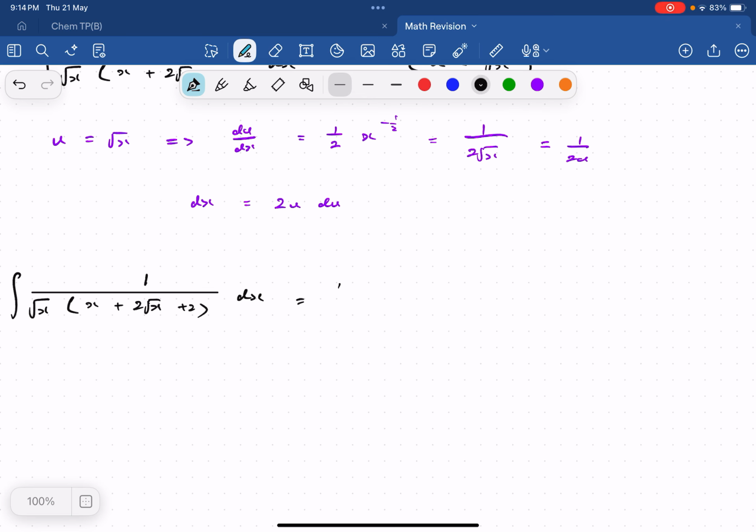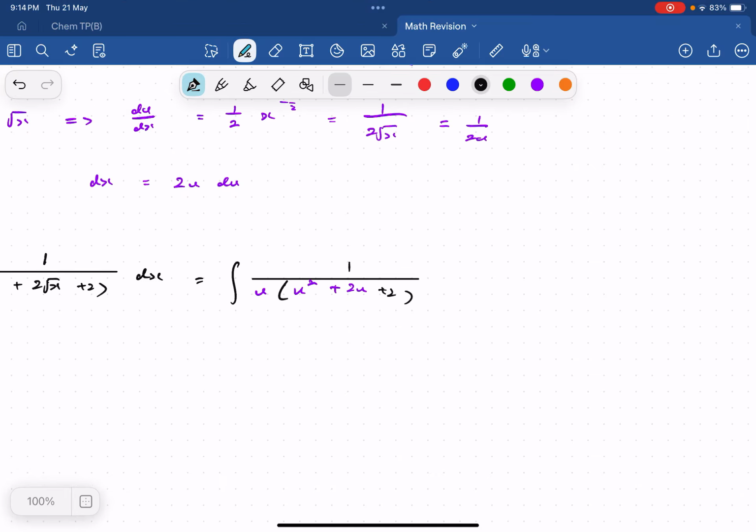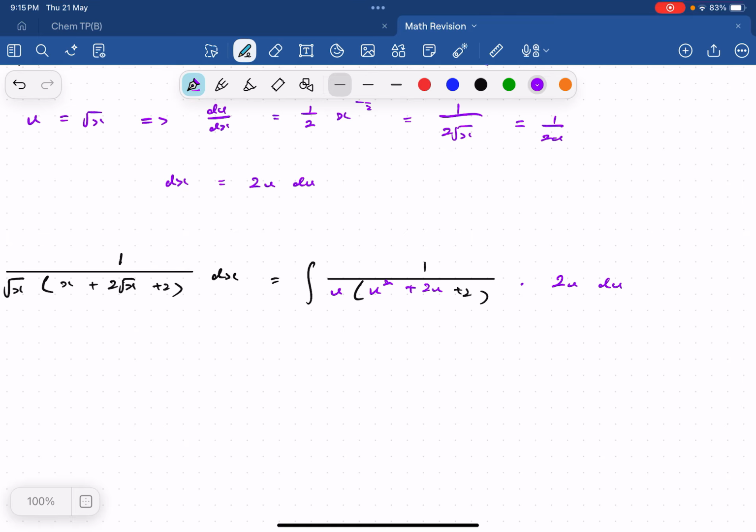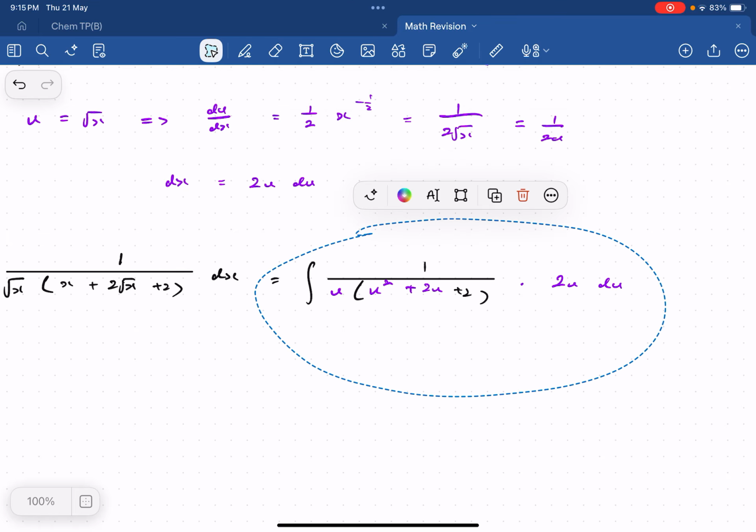So this is going to be u, and then instead of x, I now write u squared plus 2u plus 2. Obviously, constants are unchanged lah. And then instead of dx, I times 2u du. Let me just move this down here actually.